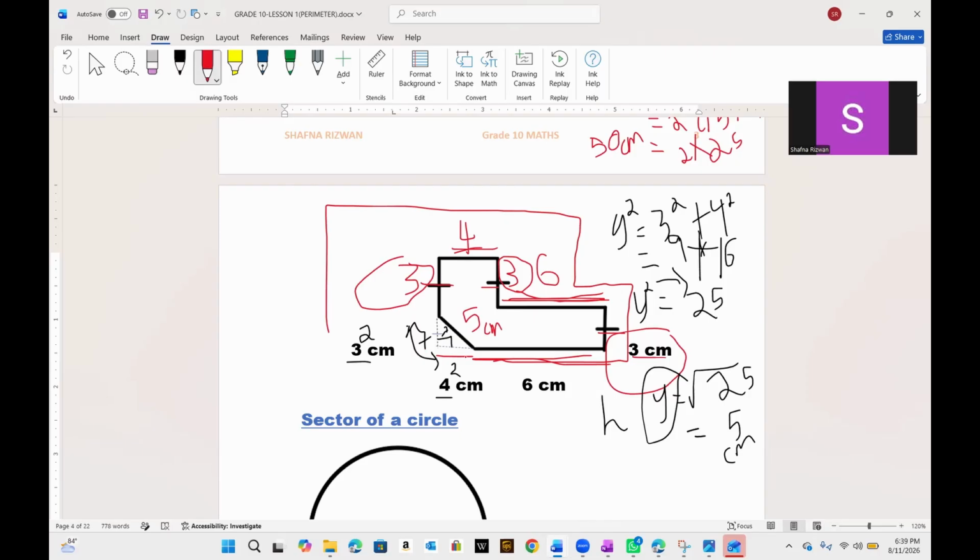Now did you all find everything here? See perimeter? Yeah. Now you all can add all of it and find it. How?